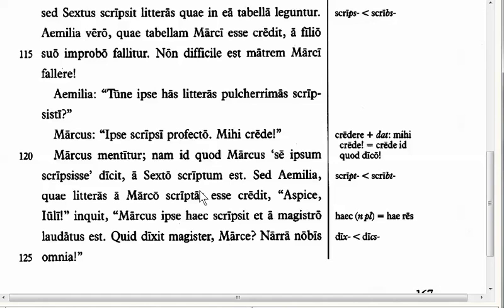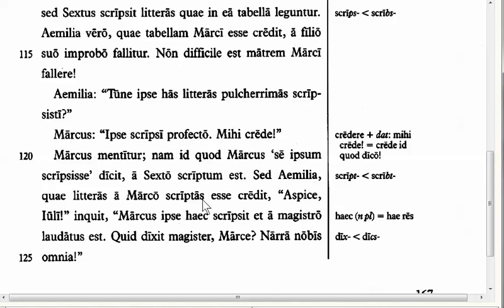And if we're going to compare the perfect active and passive infinitives of the verb, let's take for example just scribere. The dictionary form is scribo, scribere. So the active is scribere, to write. The passive is scribi, to be written.